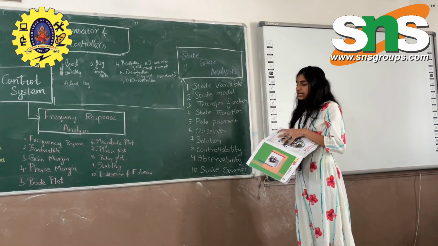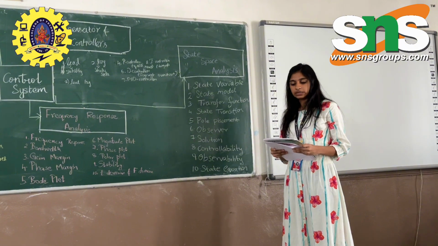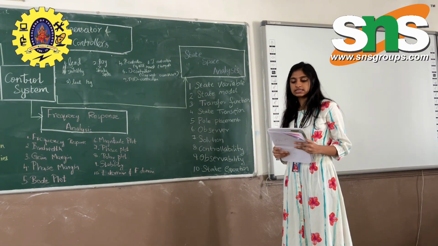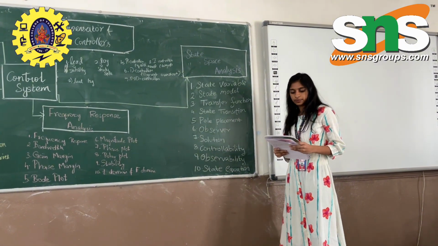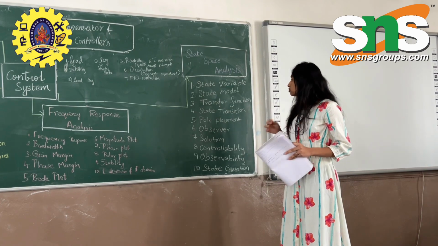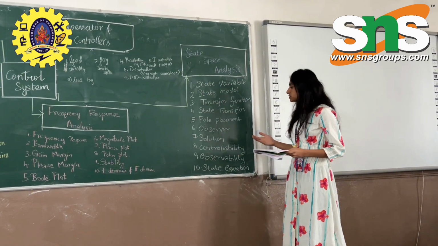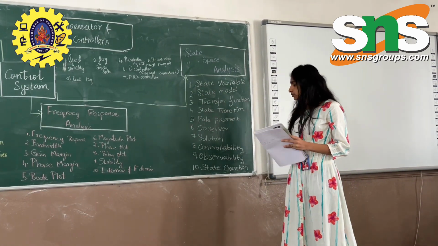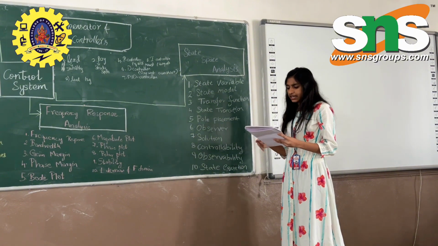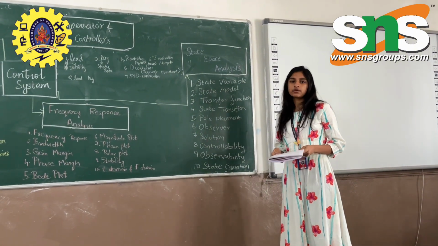Next is pole placement, where the feedback gain is chosen to place the closed loop poles at the desired location. Observer is to observe, and the solution expresses how the state vector evolves over time.